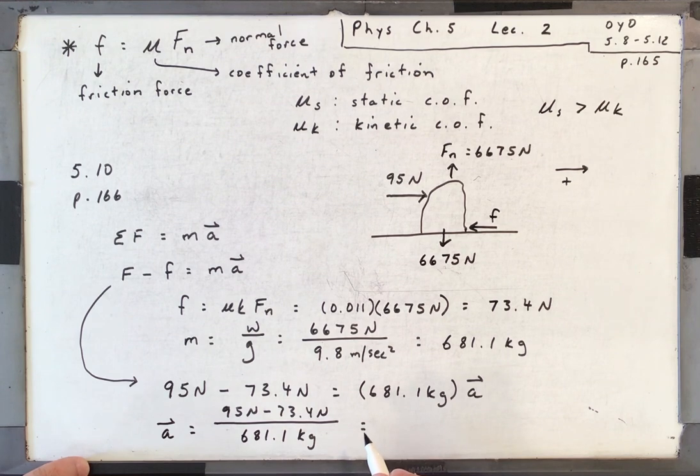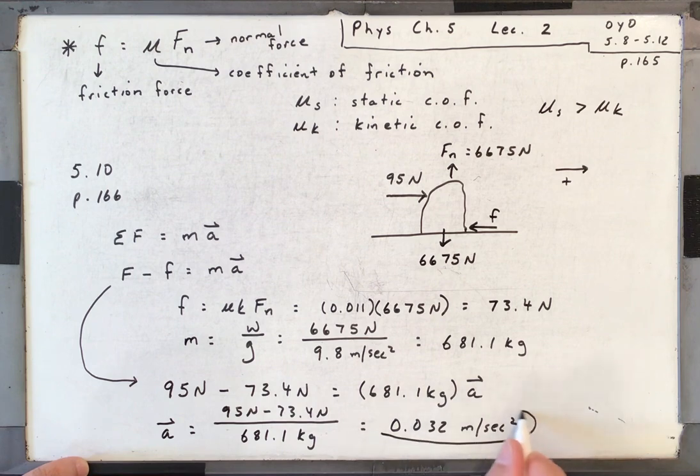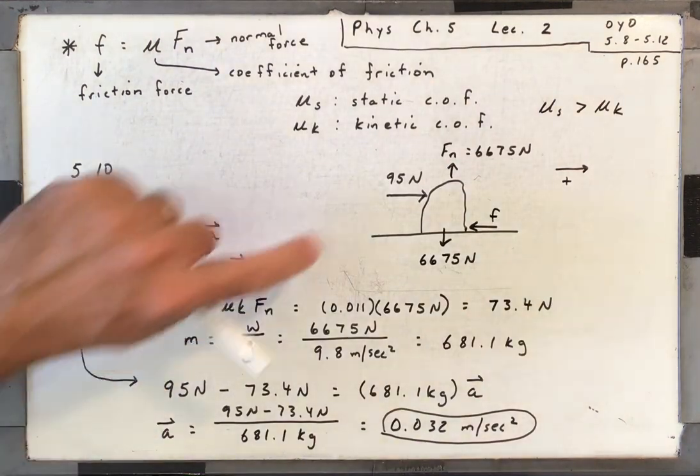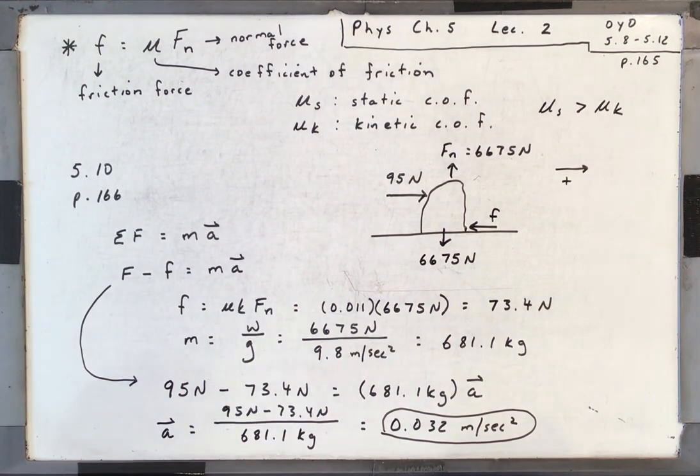And so that acceleration is 0.032 meters per second squared. Not a very big number because it's such a heavy rock and the man wasn't pushing it with very much force.